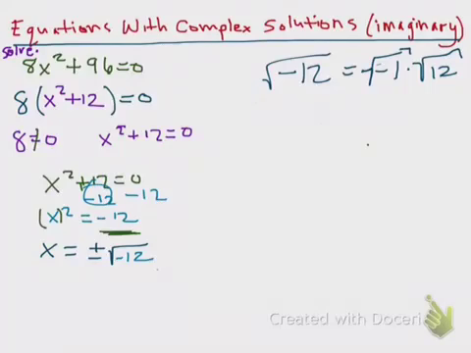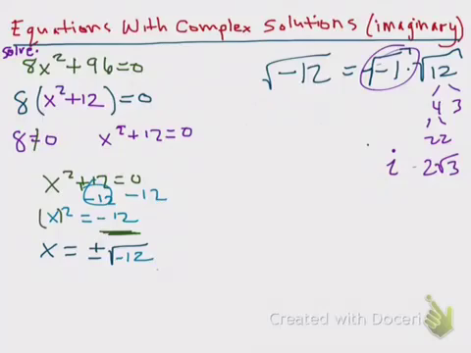And so I like to do that because now I can focus on simplifying rad 12, breaking it down into 2 times 2 times 3. Okay, so I've got a pair of 2's. So that's 2 rad 3 simplified. And then we've defined the square root of a negative 1 to be the imaginary number i. So we don't have a real number answer. We have an imaginary one, but that's okay.